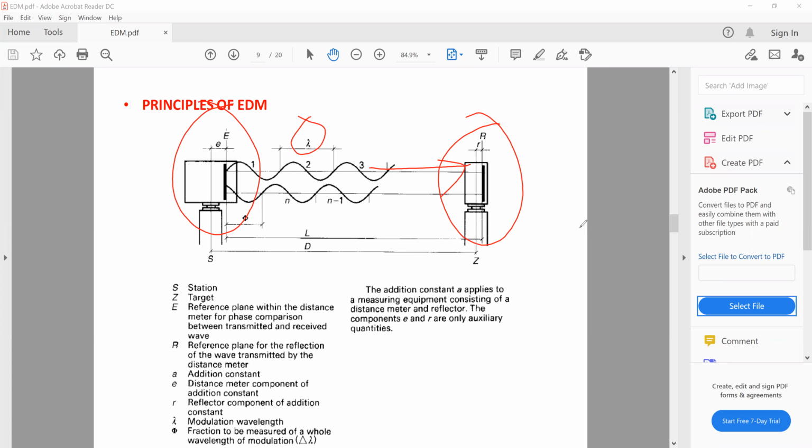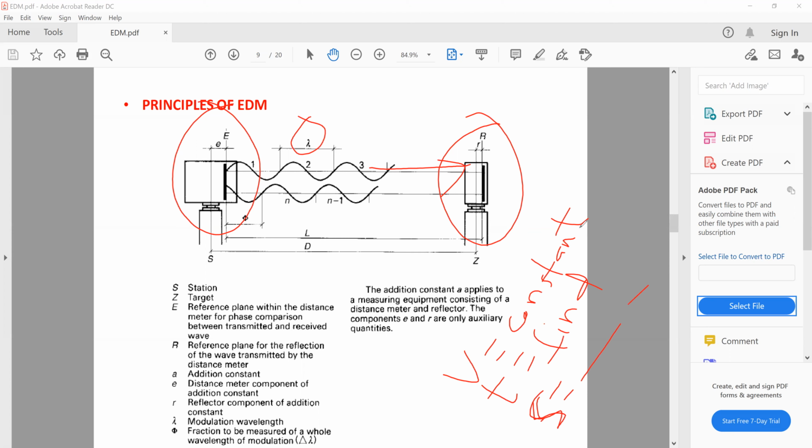Now, essentially what we're doing is transmitting a wave that has a constant speed. And what we are measuring is the time that it takes to travel from one end to the other, and then to travel back. And then using these two, we can find out the distance.